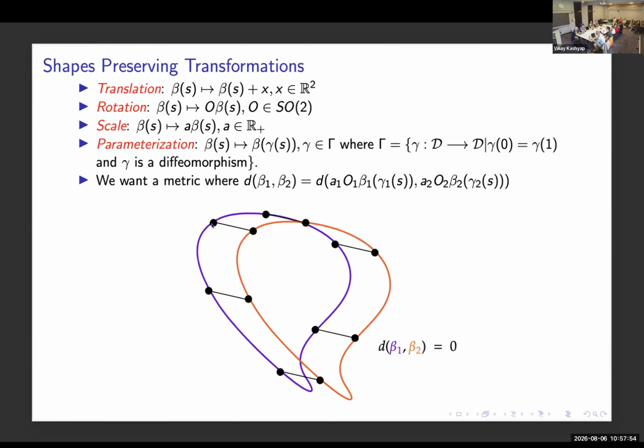Basically, I'm going to remove these 4 shape-preserving transformations. You're talking about parameterization, which is essentially just sampling. You could generate a circle of 100 points and a triangle with 50 points, with uniform sampling on your circle and non-uniform sampling on your triangle, and my distance is going to try to remove any differences due to how I'm sampling my points.